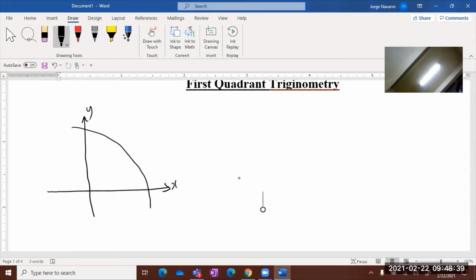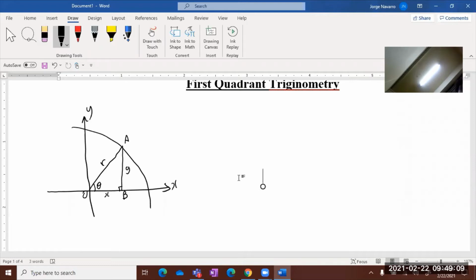And if you'll notice, when I'm drawing, this is O, which is the center, this is A, and this is B. So the angle in question is theta here. Note that OA is the radius of the triangle, AB is the value of Y, and OB is the value of X, or the X coordinate.